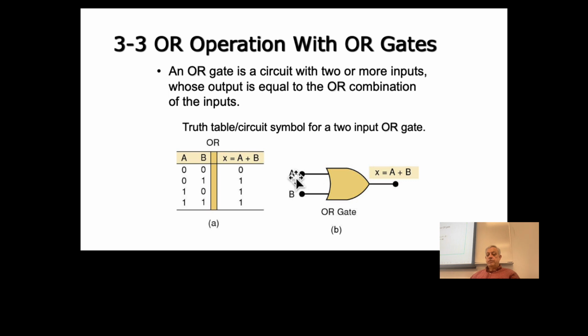If we have two inputs, A and B, the output X is equal to A or B. And here's the truth table. 0 or 0 is going to get a 0, 0 or 1, I'm going to get a 1. A 1 or a 0, I get a 1. A 1 or a 1, I get a 1. So basically, A or B has to be 1 for it to be 1. If A or B is 1, I'm going to get a 1 out.